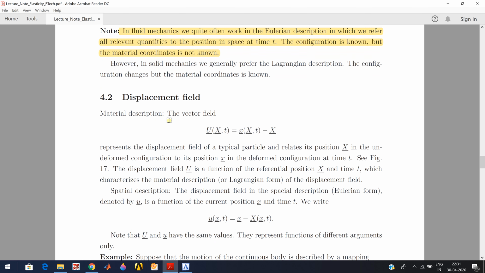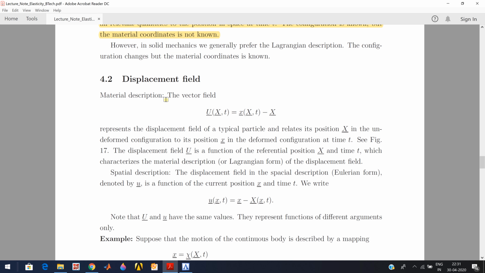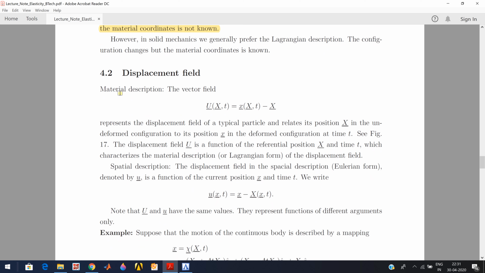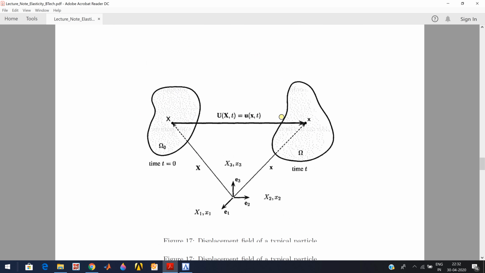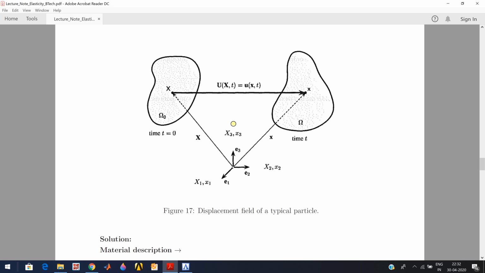And now let me discuss the displacement field and how it can be defined. In the material description, we define the displacement field as U(X,t) equal to the current position minus the initial position. If you see this picture, which is for the displacement field, this is your reference configuration, and this is your current configuration, and a particle which was here moved to this position.